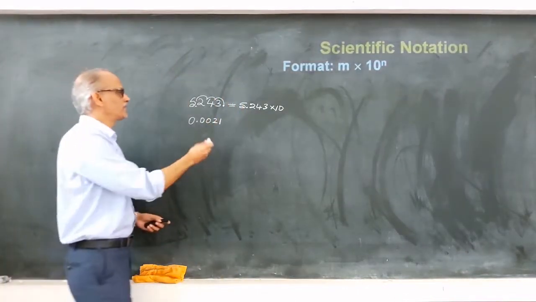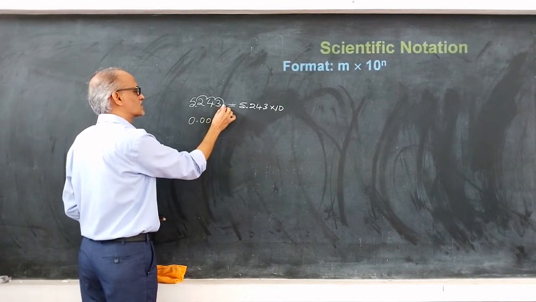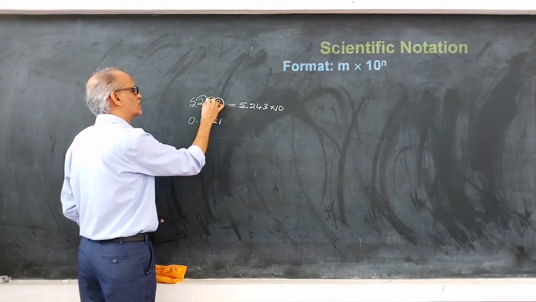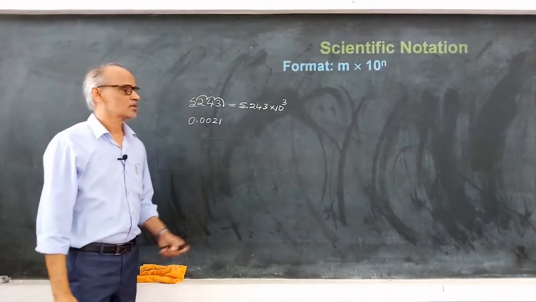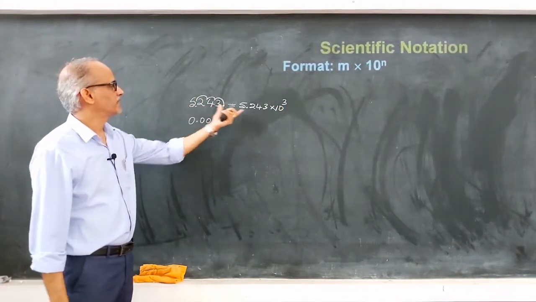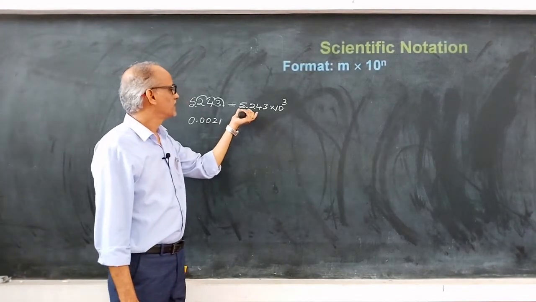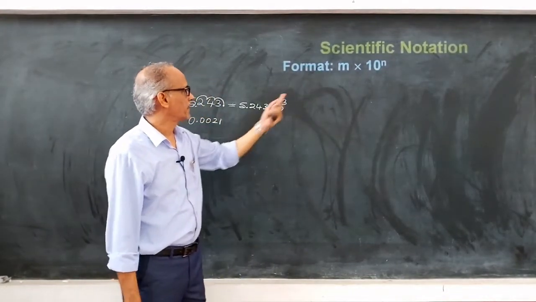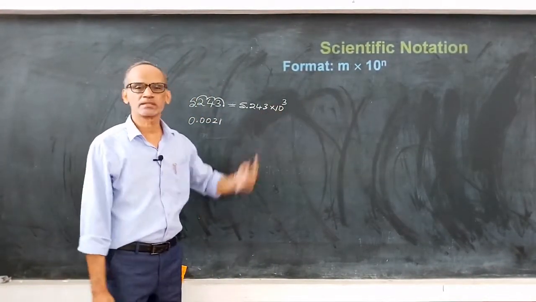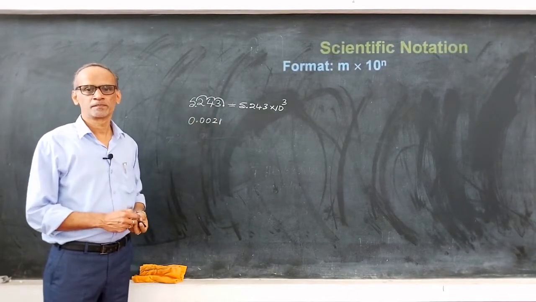Tell me by how many digits I have shifted. Check this: it's 1, 2, 3, and write that as 10 to the power 3. So this number we can write in scientific notation, where we have a number m and 10 raised to the power n, and n is positive when the number is greater than 1.